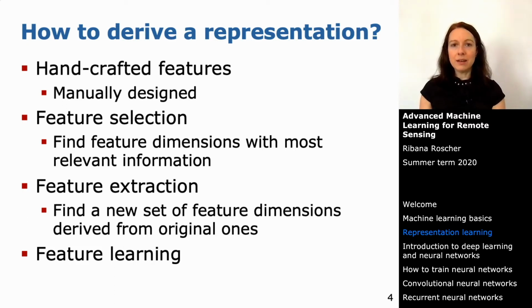Here you end up with a totally new representation of your data. In most cases it's much lower dimensional than before, and so you find a representation for your task which is very suitable and which is much easier to handle because the dimension is lower.